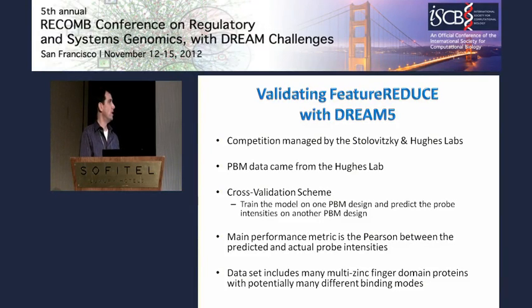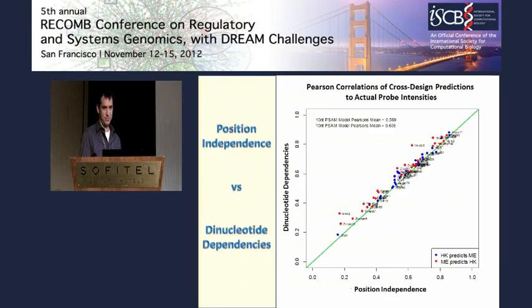Okay? And the main performance metric was the Pearson between predicted and actual probe intensities. And so here we show that when adding on the dinucleotide correction terms, we see a significant increase in the mean Pearsons across all 66 proteins.